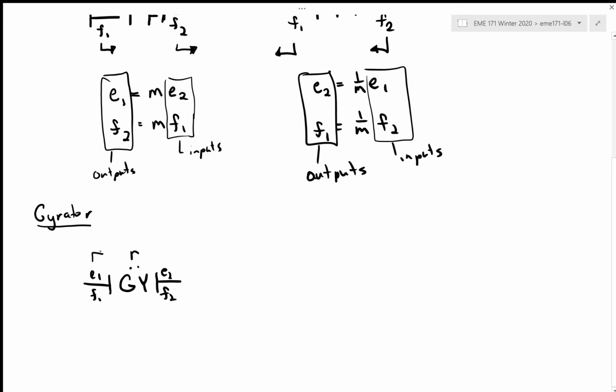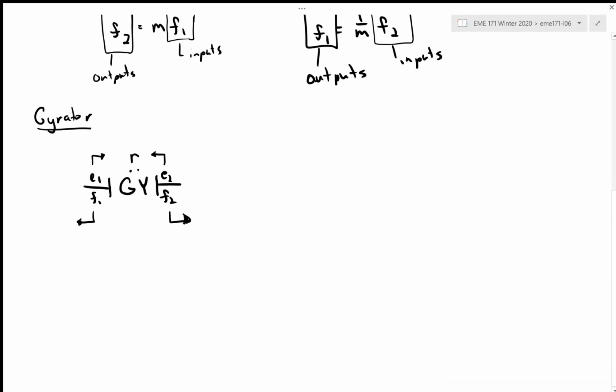If I have this E1 as an input, the other E2 also has to be an input, right? And then the flows are both outputs. Then I can write the equations. There's F1 is going to be 1 over R E2, right?